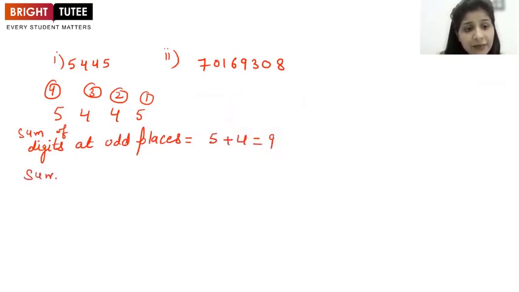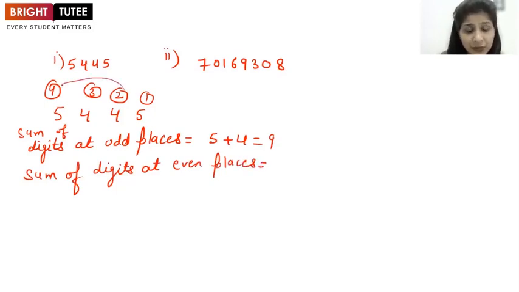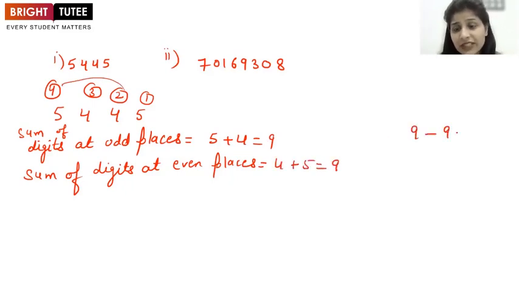Then next is the sum of digits at even places. What do you get? Just see, 2 and 4, these are the two even positions. So 5 and 4 only we are going to add. That also gives us 9. If I subtract these two, the difference is 0. So yes, the number is divisible by 11.